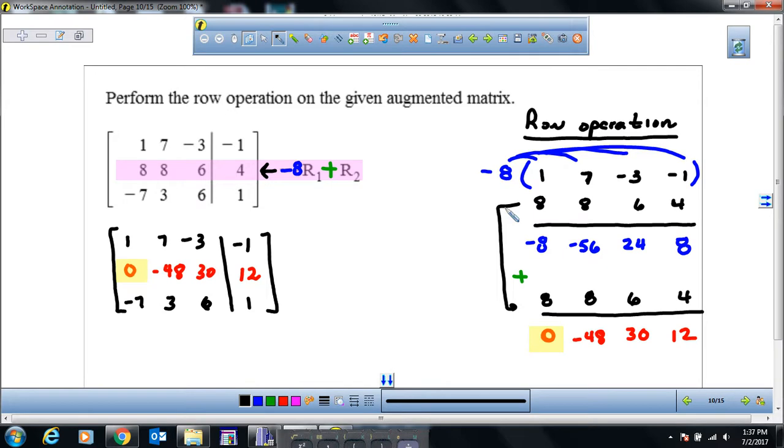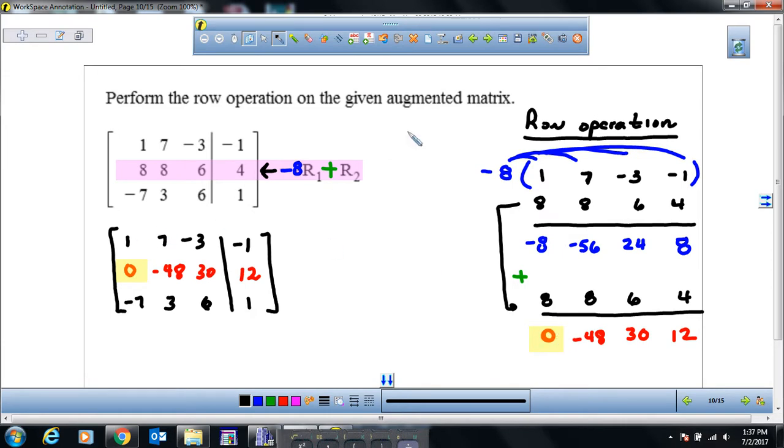Cancels means that it becomes a 0. Okay, so when I want to make a 0, this is what we're doing, the process of addition. And as you can see, if I added the first and the second row, I needed to multiply the first one by negative 8, so that when added to the second one, it equals 0, or it cancels out. Okay, and that's what made it a 0.